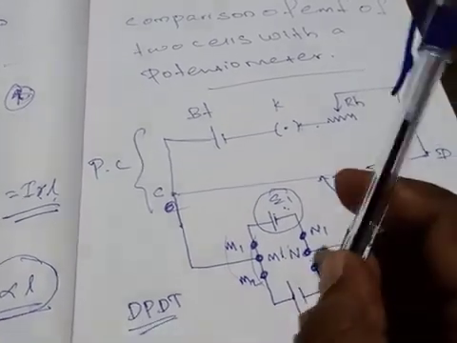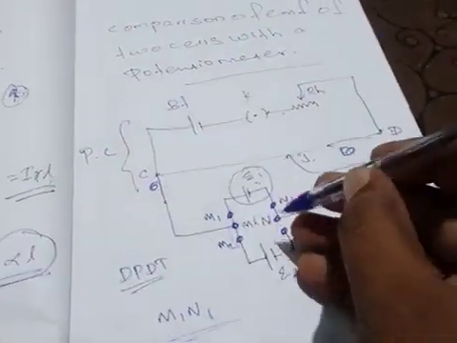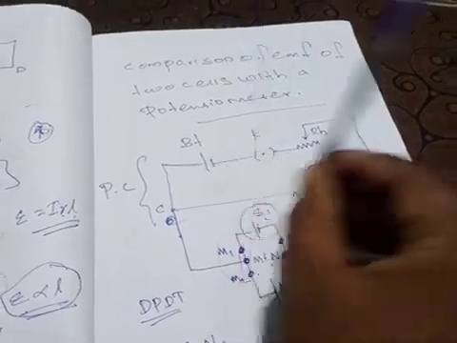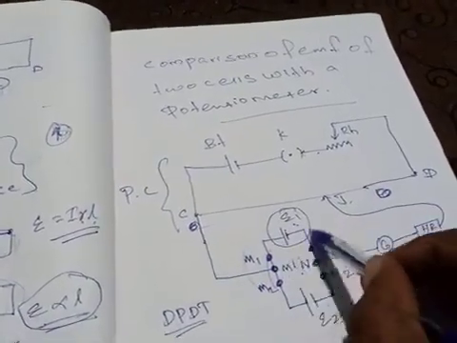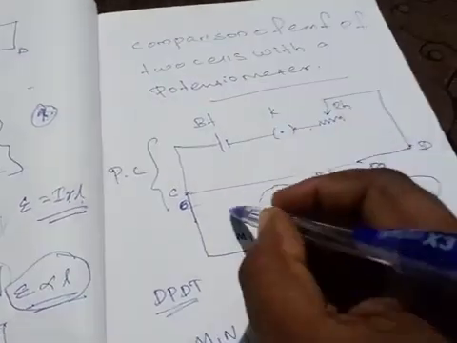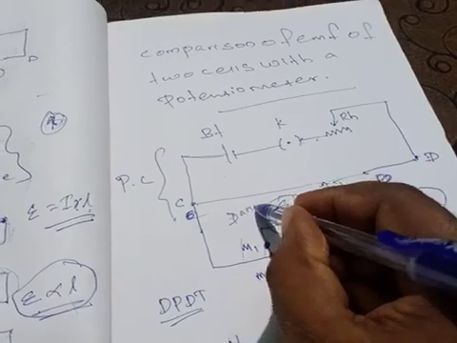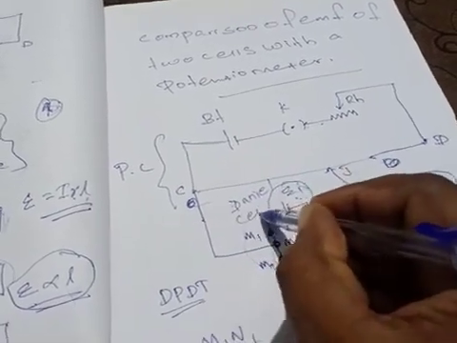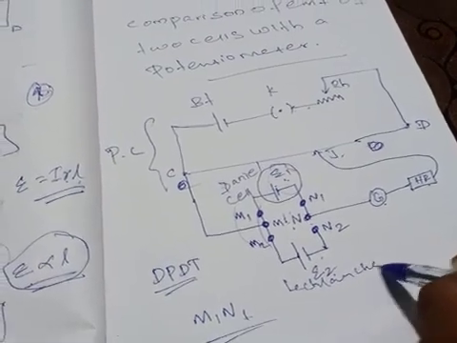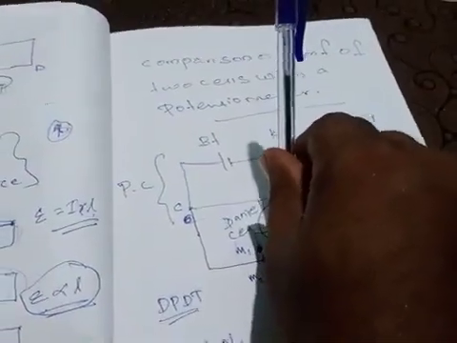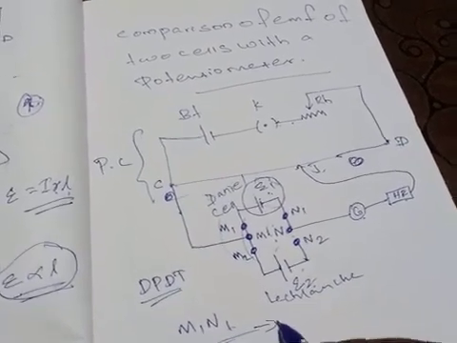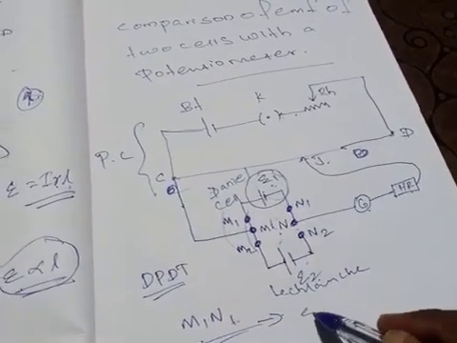First we press the DPDT switch towards M1, N1. Then in the secondary circuit, the cell with EMF 1 is active. For example, this is the Daniell cell and this is the Leclanché cell. When I press the switch towards M1, N1, the Daniell cell is active, so EMF 1 is there.